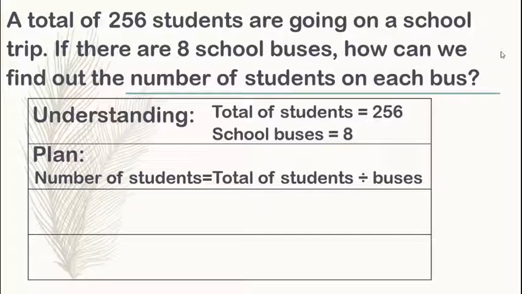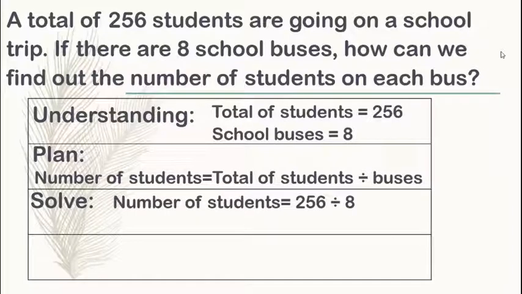After that, we will do the solving. This is the third step. So now that we are done formulating and we know what we're going to do in solving the word problem, we will now do the solution.